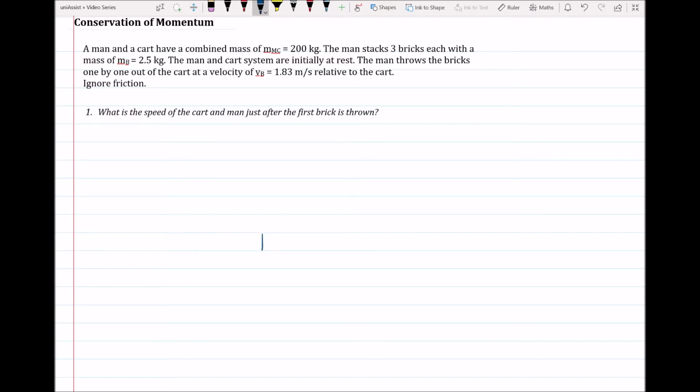So we've got a cart with a man, and he's stacked 2 bricks, and he's going to throw out 1 brick with a velocity of v brick equal to 1.83 meters per second.